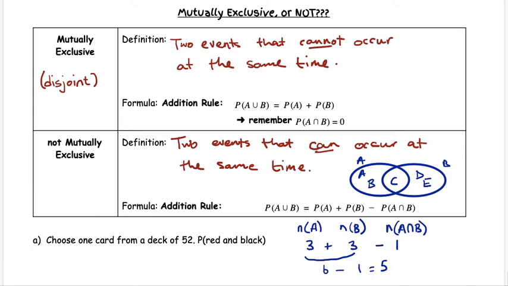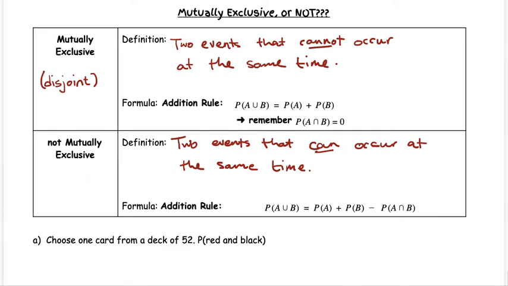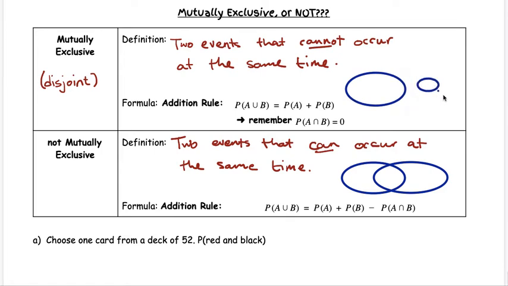So generally speaking, when two events are not mutually exclusive, they can occur at the same time, and you have to subtract that intersection. So I'm going to erase that and give you a slightly better interpretation of it, just in terms of those Venn diagrams. If we look at those Venn diagrams, here are two events that can occur at the same time. They've got something in common. Here, on the other hand, are two events that cannot occur at the same time. They have nothing in common.